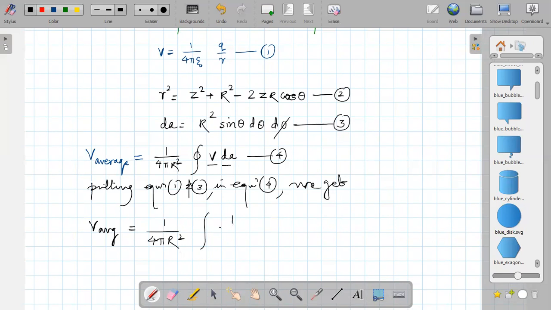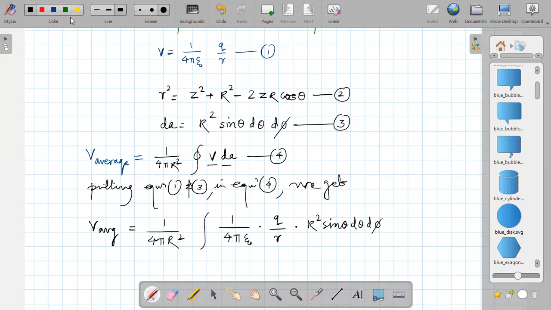V is your 1 upon 4 pi epsilon 0 into q by r, into R square sine theta d theta into d phi. Okay, again in this case small r is the distance between the surface element and the charge particle q.